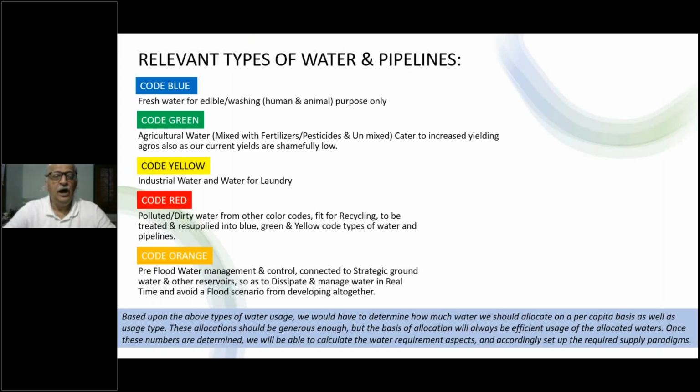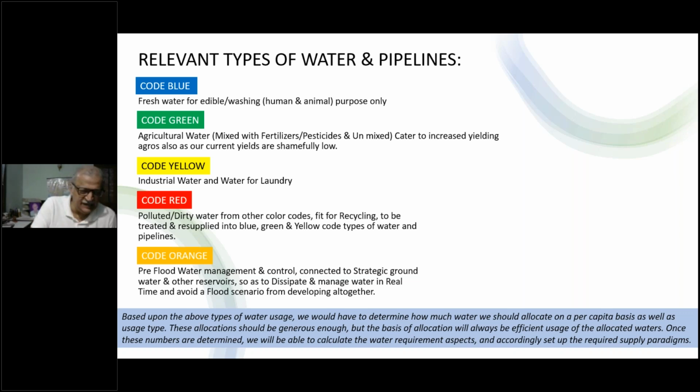After that, I've bifurcated the relevant types of water and pipelines in the sense that code blue pipelines will be fresh water for edible, washing, and human and animal purpose only.